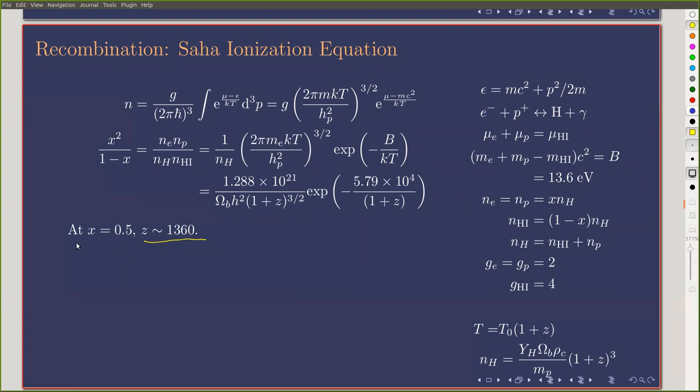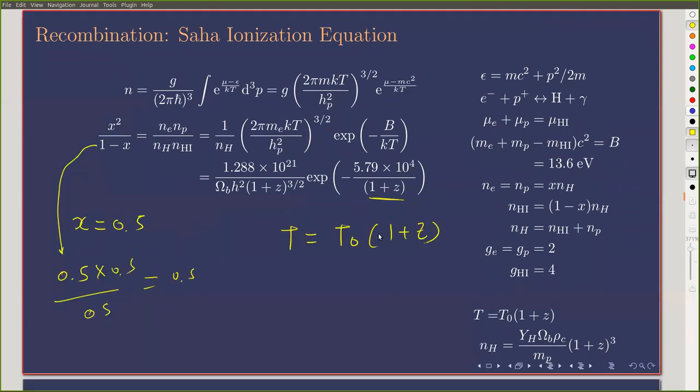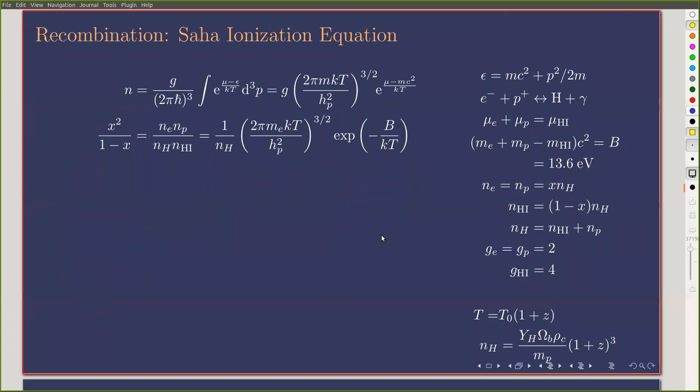Basically, for the midpoint of reionization, if we assume that the Saha equation is correct. In the chat box, there is a question by Anindita Nundi. Please repeat the x squared by 1 minus x step. Can you repeat the question?